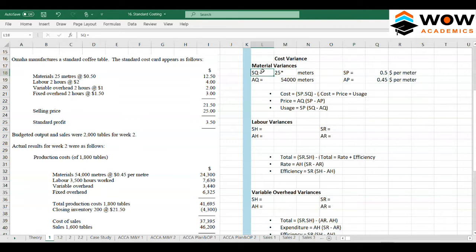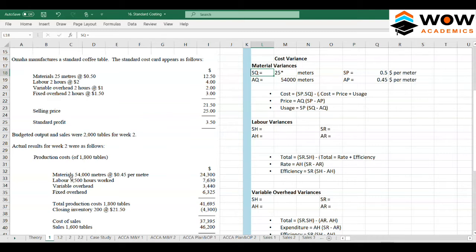See, standard quantity is a very different one. Because he has given only that one unit will take 25 meters, but how much did they produce actually? You should not multiply 25 meters into the budgeted production. If you do that, that doesn't work. You have to multiply the budgeted quantity per unit into the actual quantity, then only it becomes flexible budgeting.